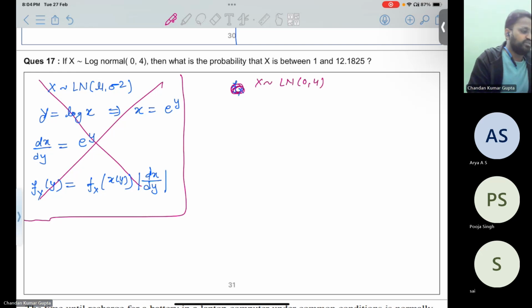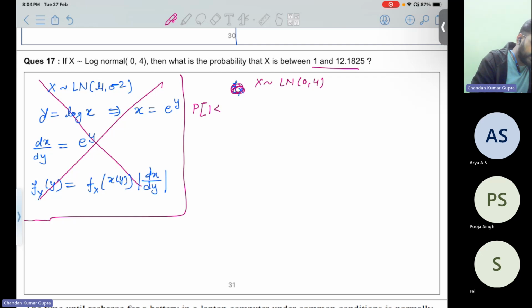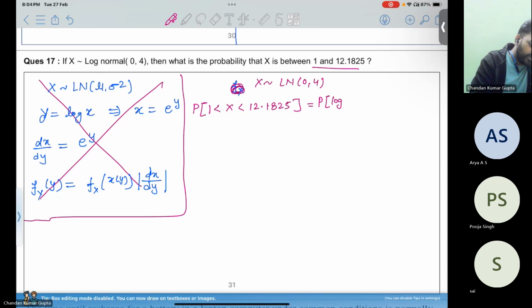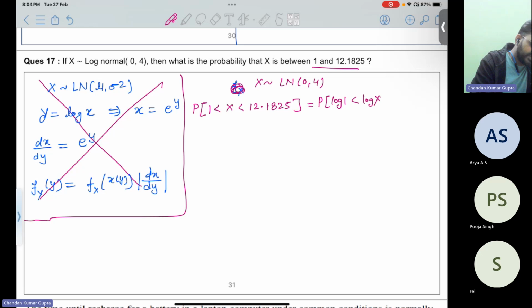We need to calculate the probability between this, that is, the probability between 1 and 12.1825.